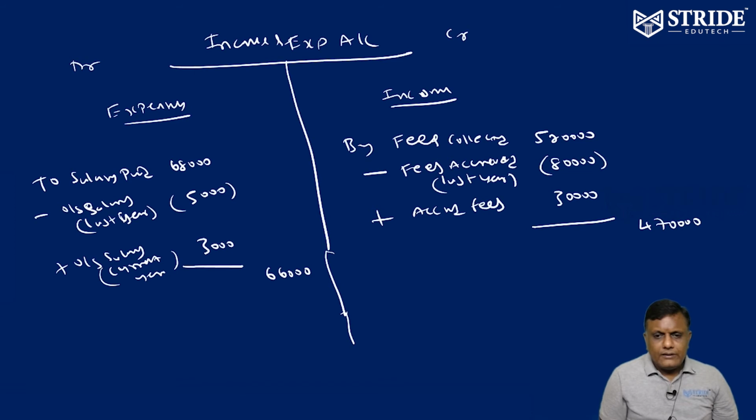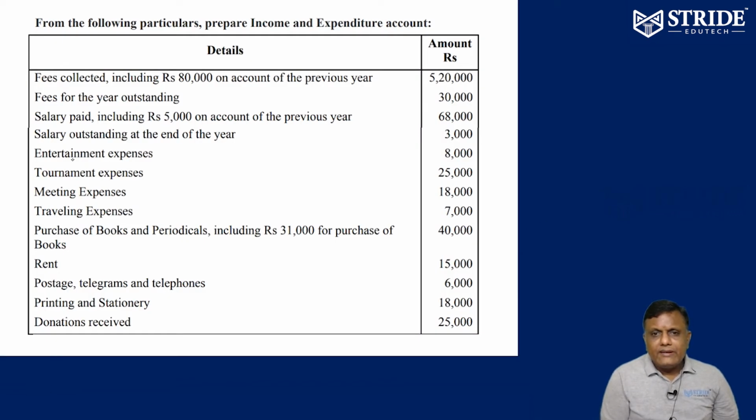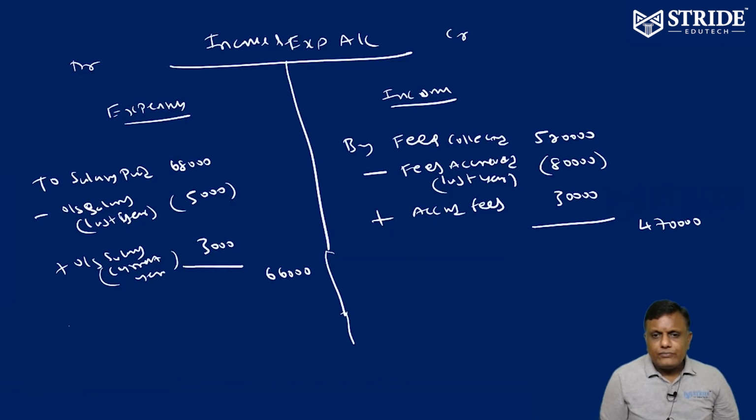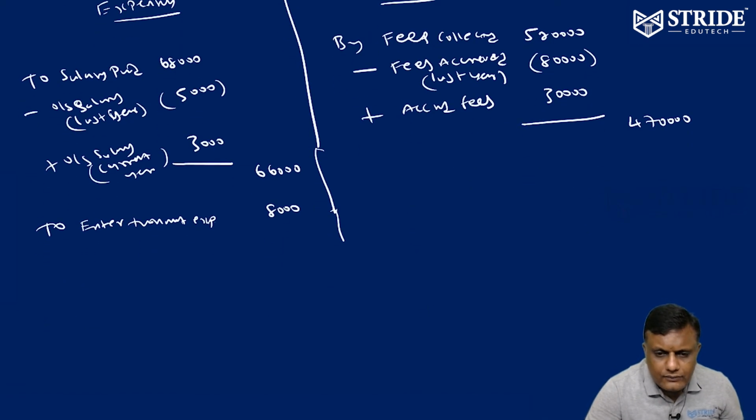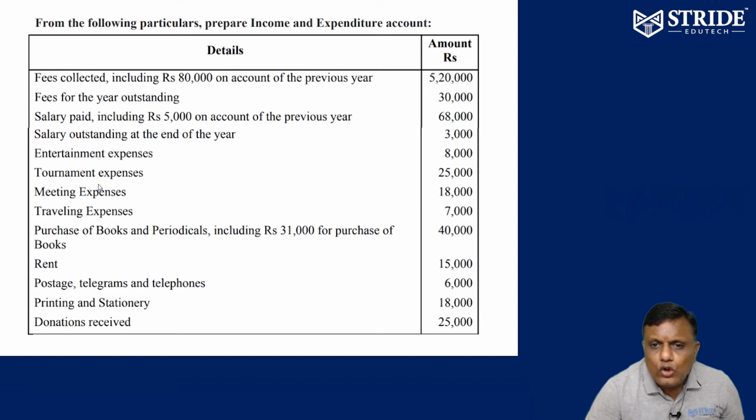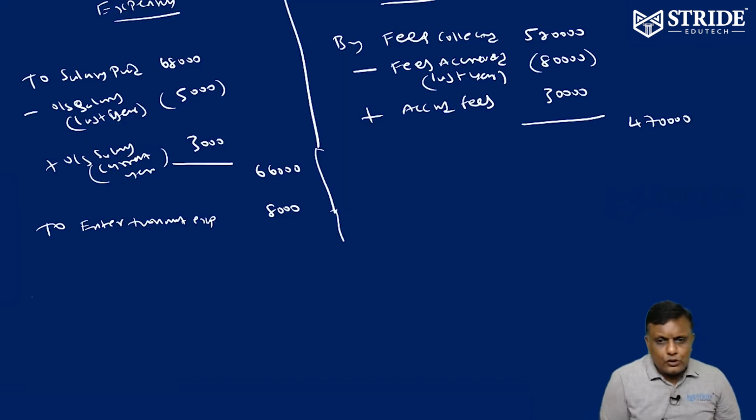Next, entertainment expenses, 8,000, we can post. Next, tournament expenses, 25,000 we can post.